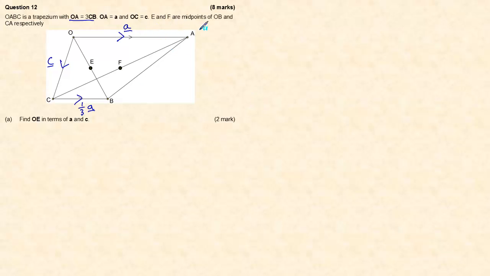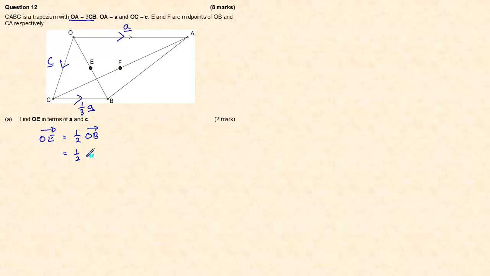E and F are the midpoints of OB and CA respectively. We want to find OE in terms of A and C. OE is going to be half of O to B, since E is the midpoint of OB.